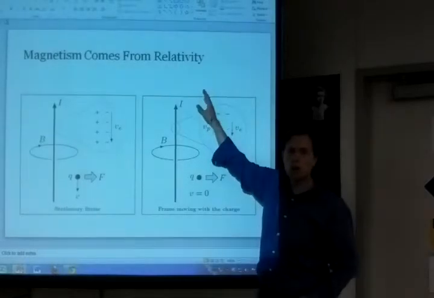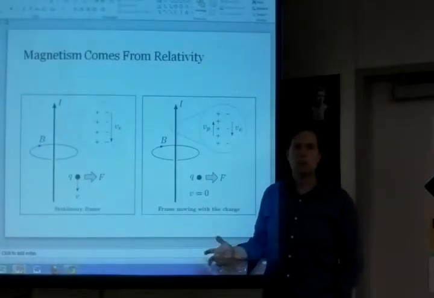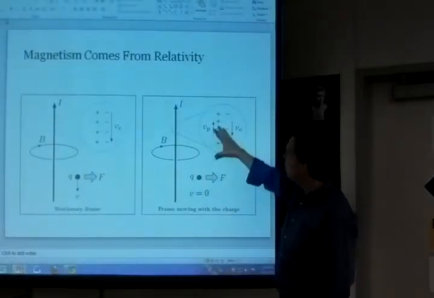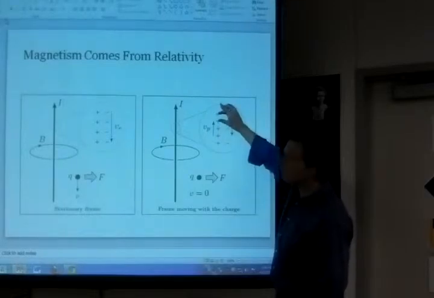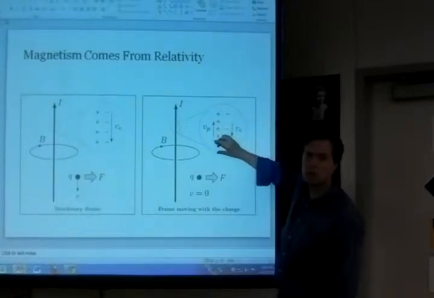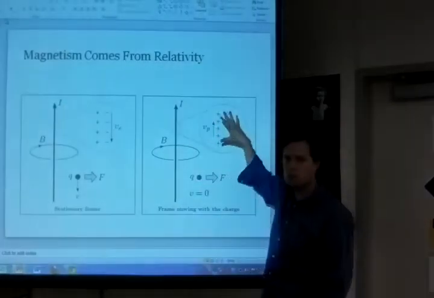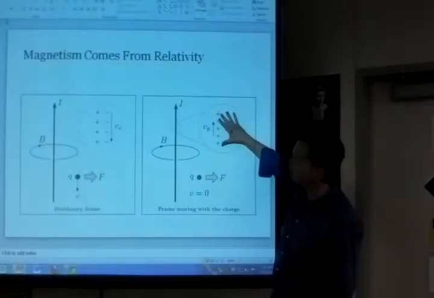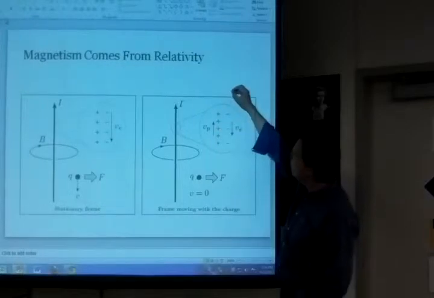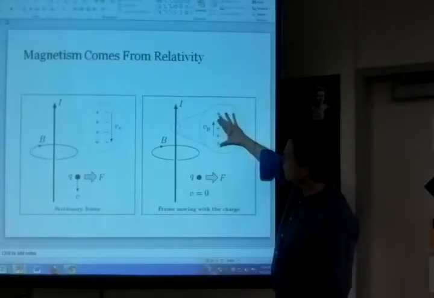Because they're moving up, length contraction comes into play, and this is where relativity mixes in. Length contraction, the spacing between these positive charges decreases. So now instead of having 4, I've got 5 in a certain length, maybe per centimeter or something like that, right? So that happens to the positive.